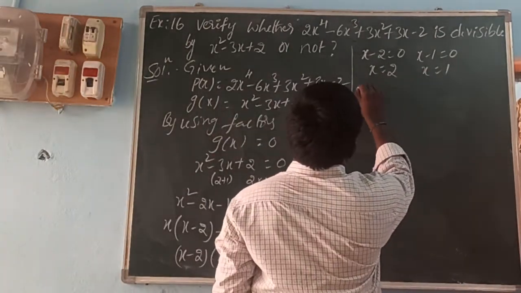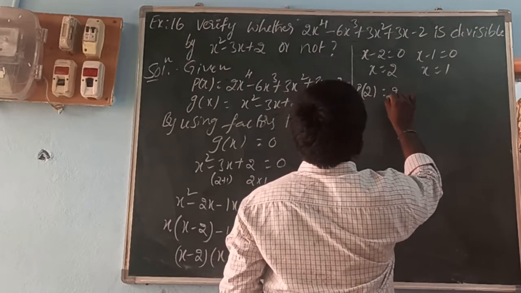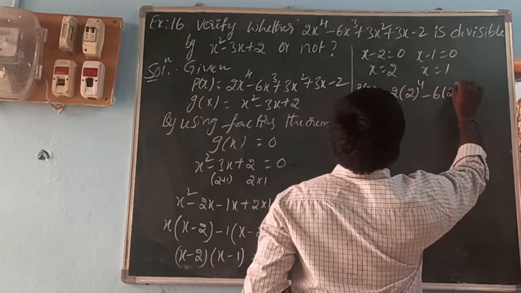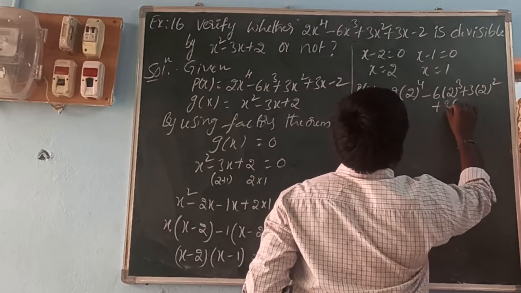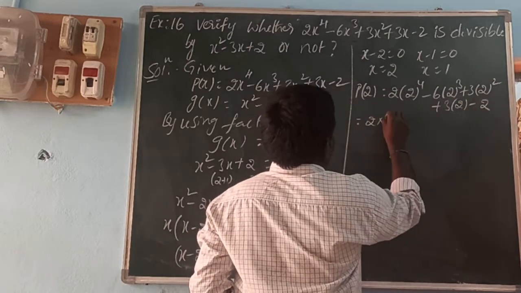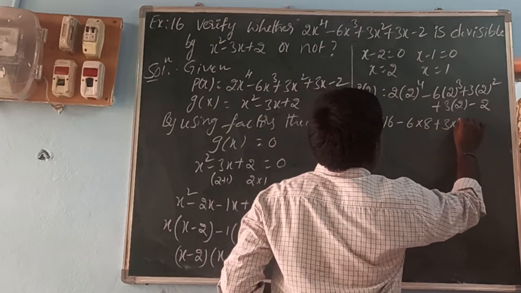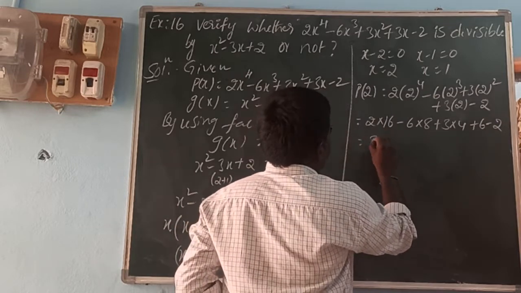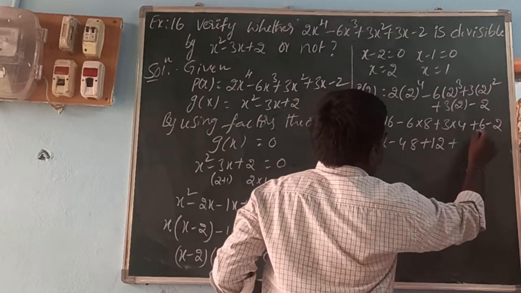Replace x by 2: p(2) = 2 × 2⁴ − 6 × 2³ + 3 × 2² + 3 × 2 − 2. So 2 × 16 = 32, 6 × 8 = 48, 3 × 4 = 12, plus 6, minus 2.